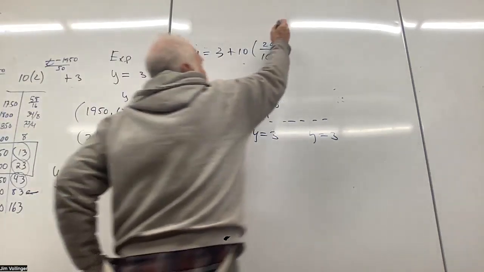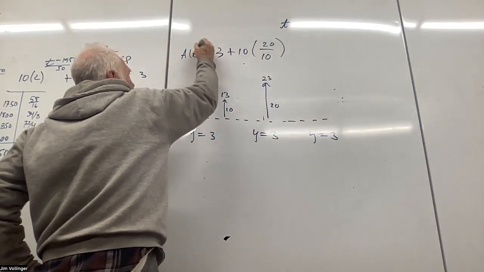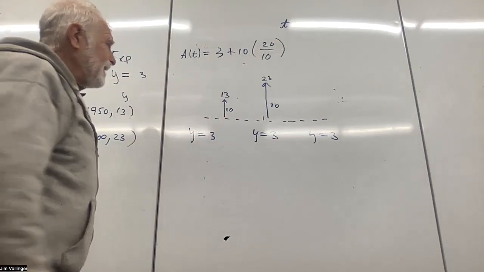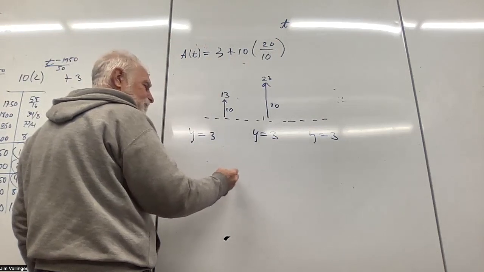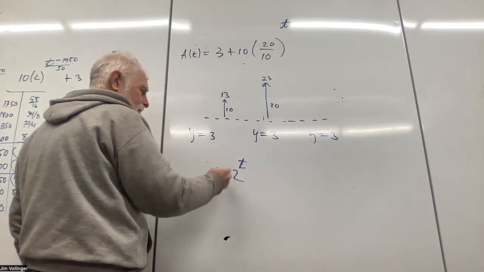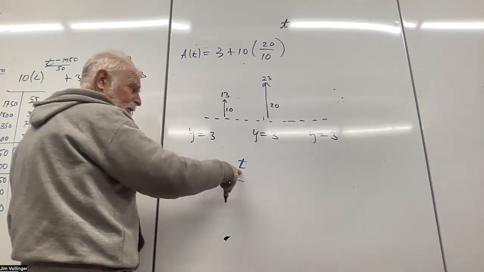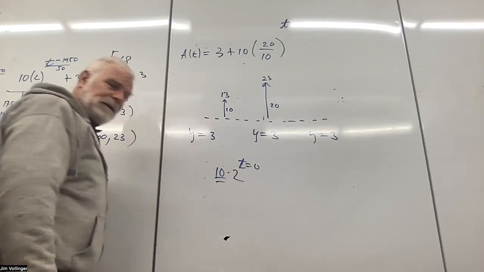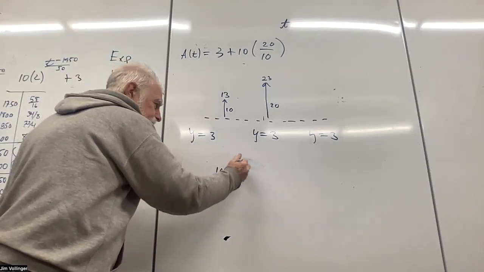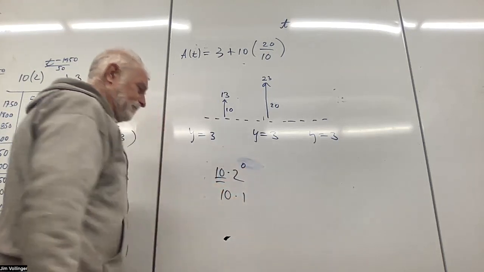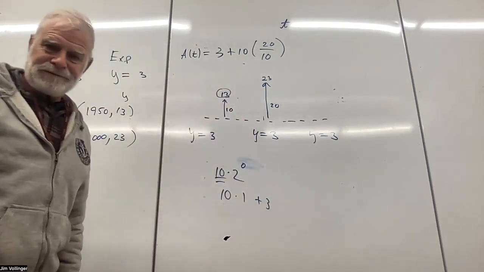Now we go to the exponential aspect of this. So instead of y, let's write a of t. That's what we called it before. To get that first jump of 10, this has to equal 0, because 2 to the 0 is 1, and 10 times 1, plus 3, takes us to 13.